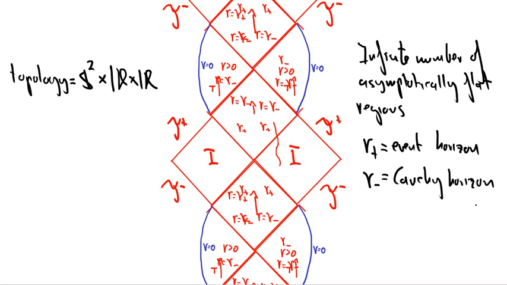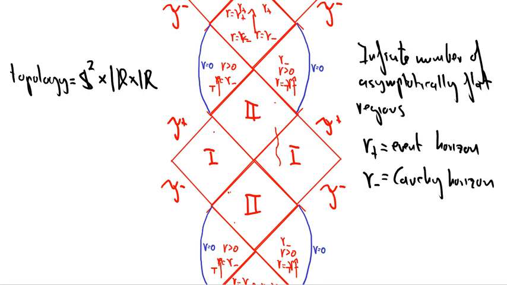And why is this called Cauchy horizon? I'm going to explain that in a second, but let me first tidy up this drawing a bit. So we have this intermediate region. I'm just deleting stuff which we no longer need.